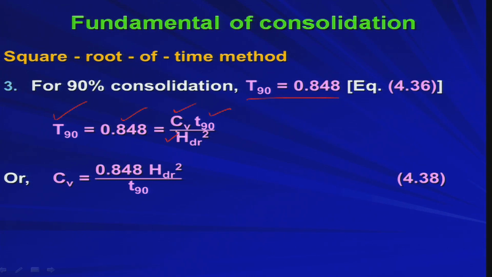If you have a single drainage system, the drainage path will be the total thickness of the specimen. From this expression I can calculate CV equal to 0.848 HDR square divided by T90, equation 4.38. In the previous lecture we saw how to calculate CV from the logarithmic time method. So, any method you can use to find out CV.